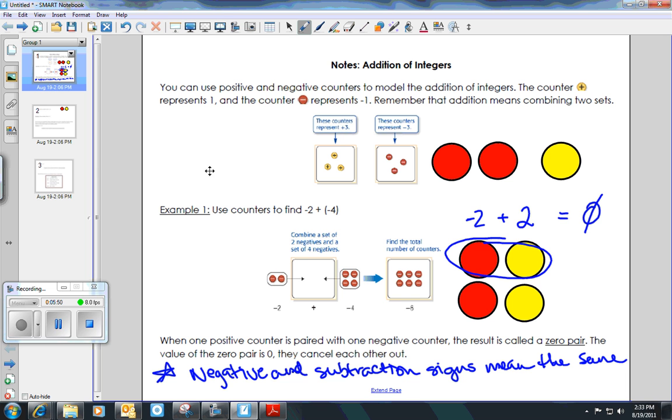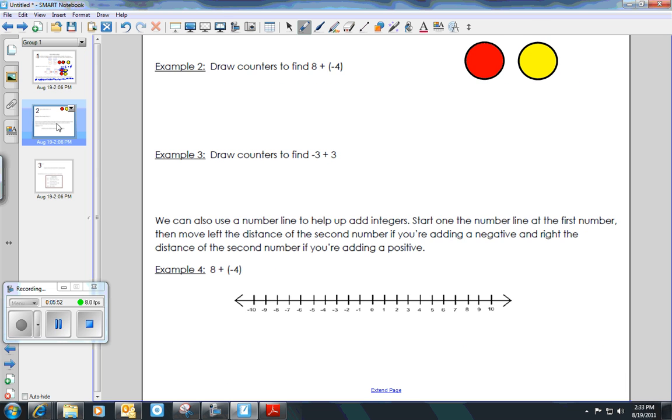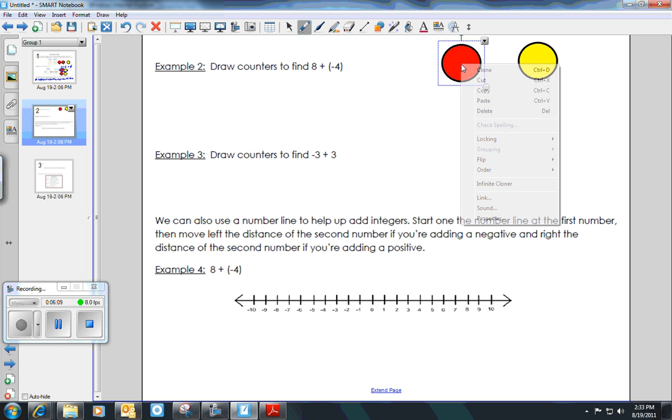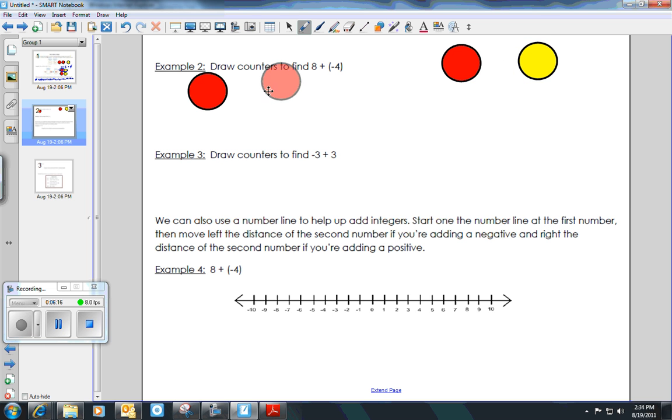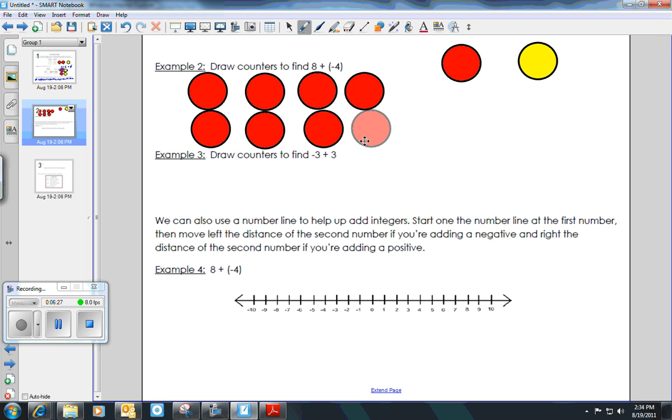Okay, so let's take a look at how we can draw some counters to find the answers to some problems. Okay, if I have, in this problem, example 2, 8 positives, I'm going to make these infinite cloners. Okay, so if I have 8 positives, 1, 2, 3, 4, 5, 6, 7, 8.